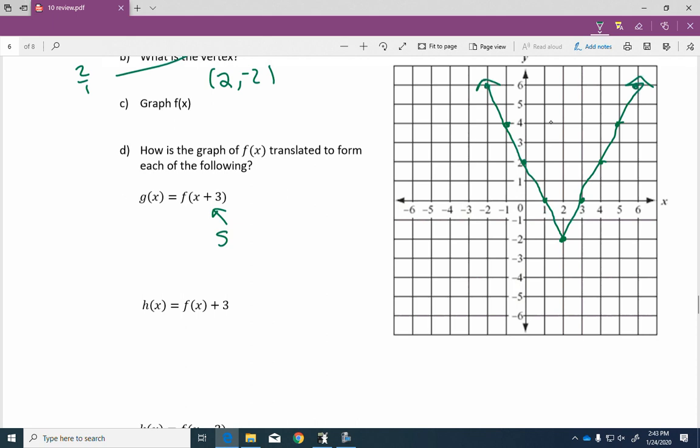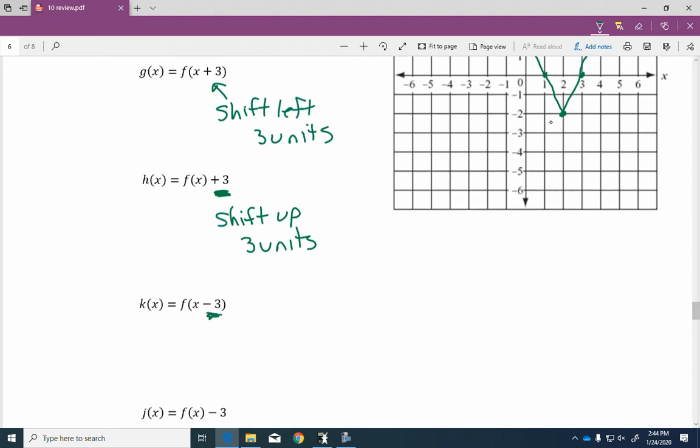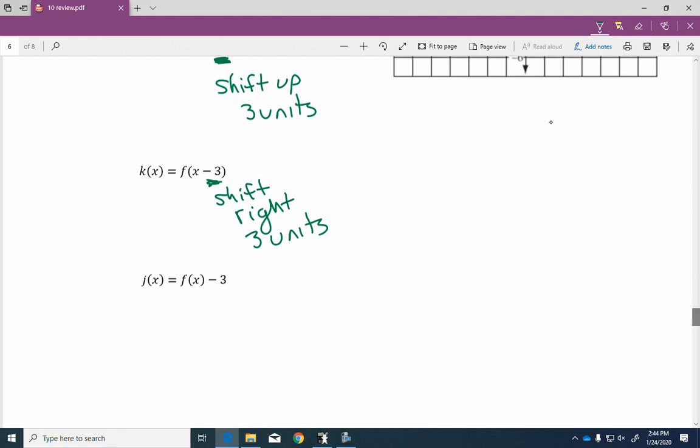Shift to the left 3 units. When it's outside the parentheses, it's a shift up 3 units. This is a shift to the right. And finally, we have a shift down.